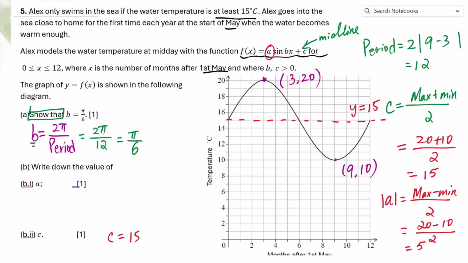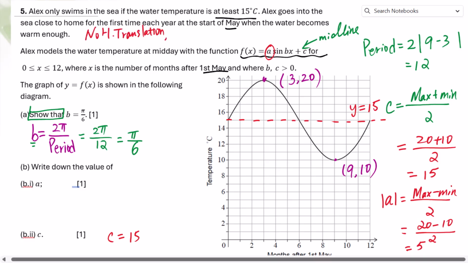Since there is no horizontal translation, the starting point is on the y-axis. Sketch this pattern of sin x.